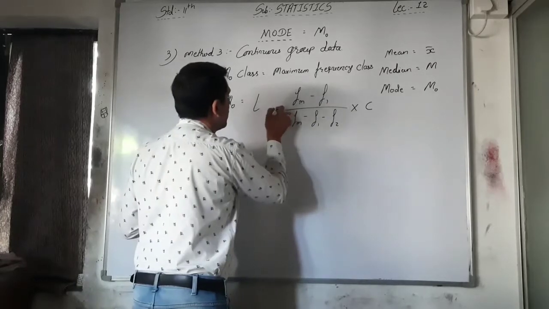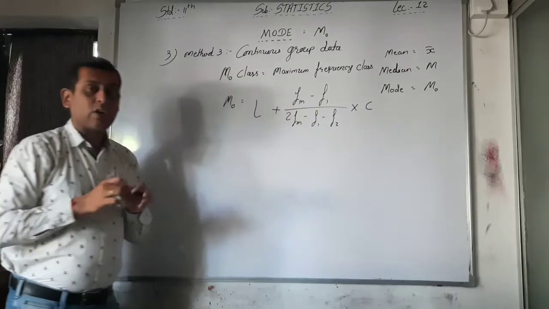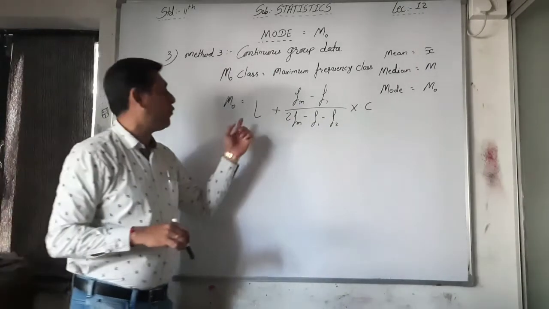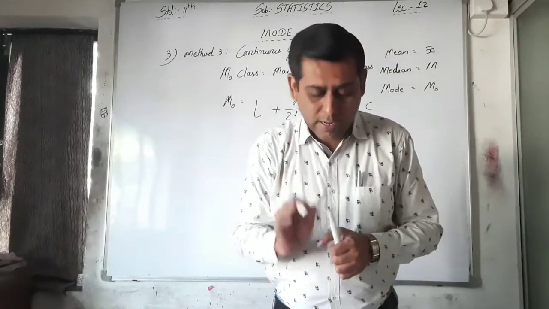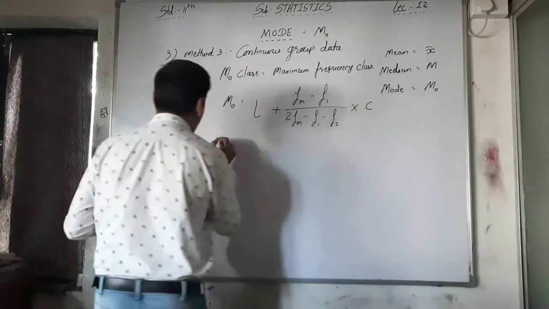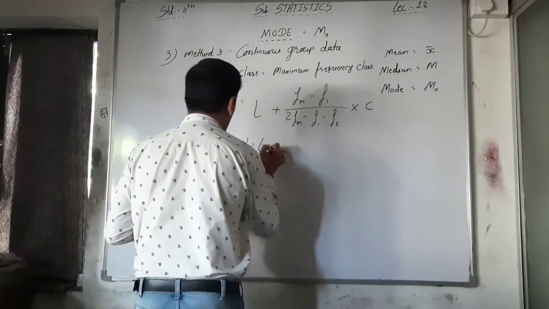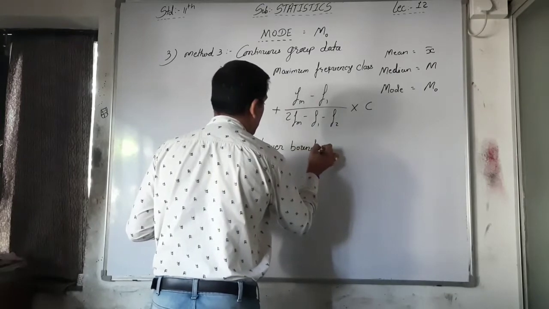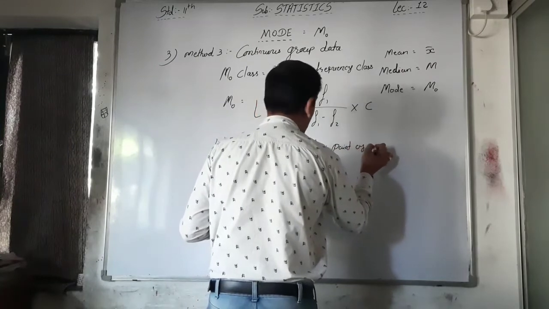As in the median, quartile, decile, percentile formulas, we have to write down first L. L means the lower boundary point of that modal class.